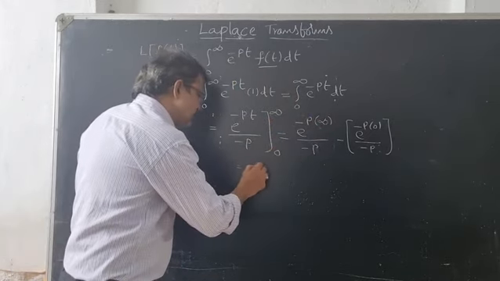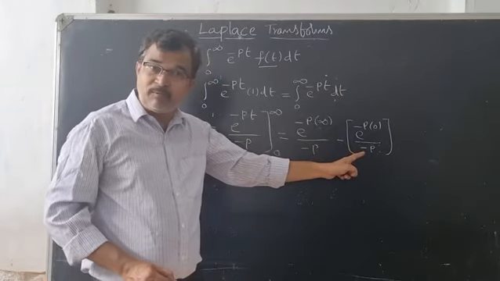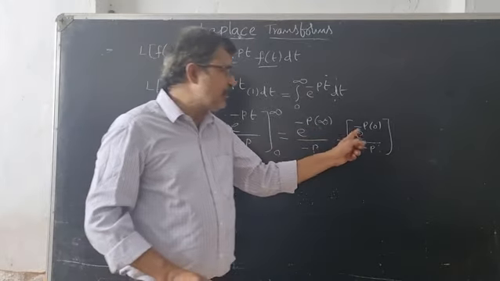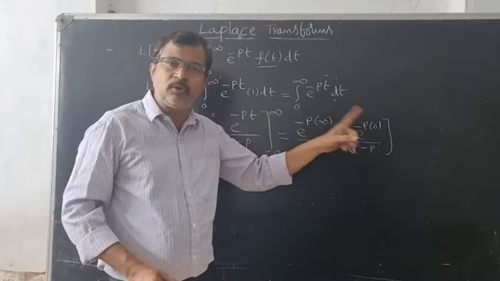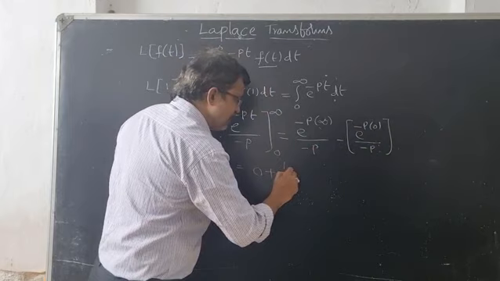That means 0 minus, and in the denominator one more minus is there, minus into minus becomes plus, and e^0 is equal to 1, and here is p, because -p comes here, so 1 by p.